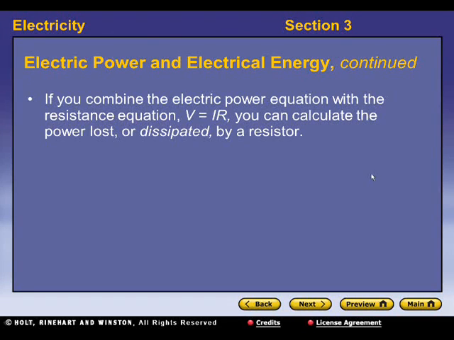So if you combine the electrical power equation with the resistance equation, V equals IR, you can calculate power lost or dissipated by a resistor. You can calculate it several different ways depending on what information you're given.